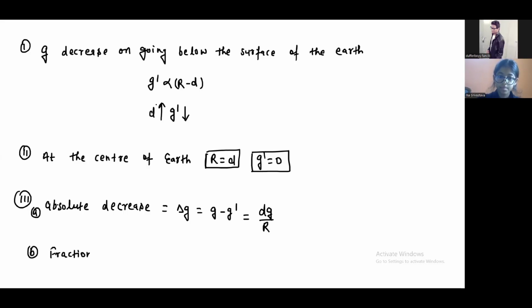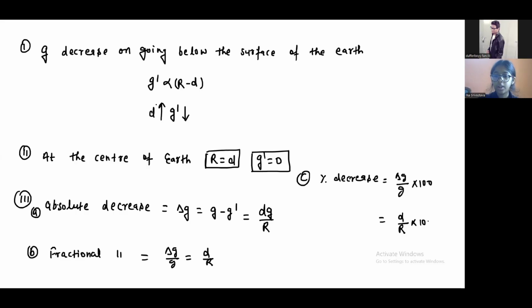If anyone asks for the fractional decrease, we use delta g by g, that means d by R. Point C is the percentage decrease. The percentage decrease is delta g by g multiplied by 100, that means d by R into 100. So this is our formula for the variation of g with depth, below the surface of the earth.